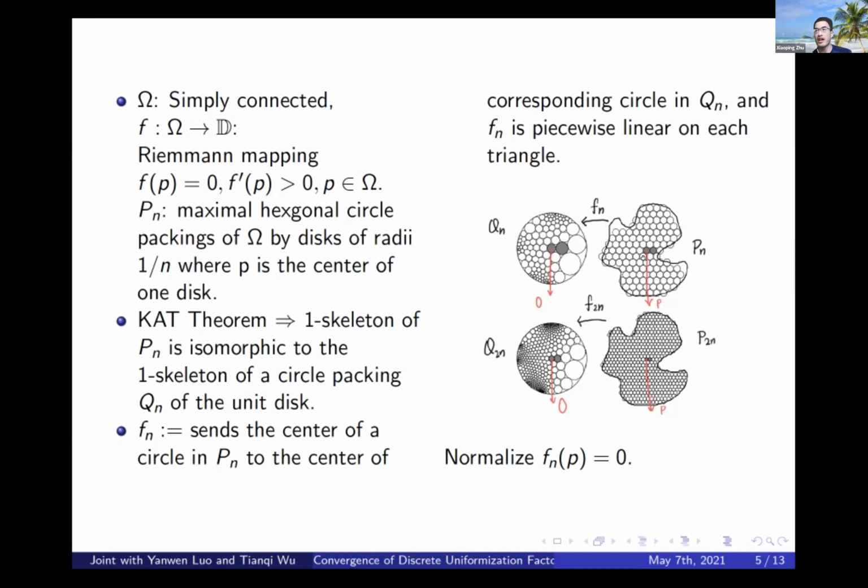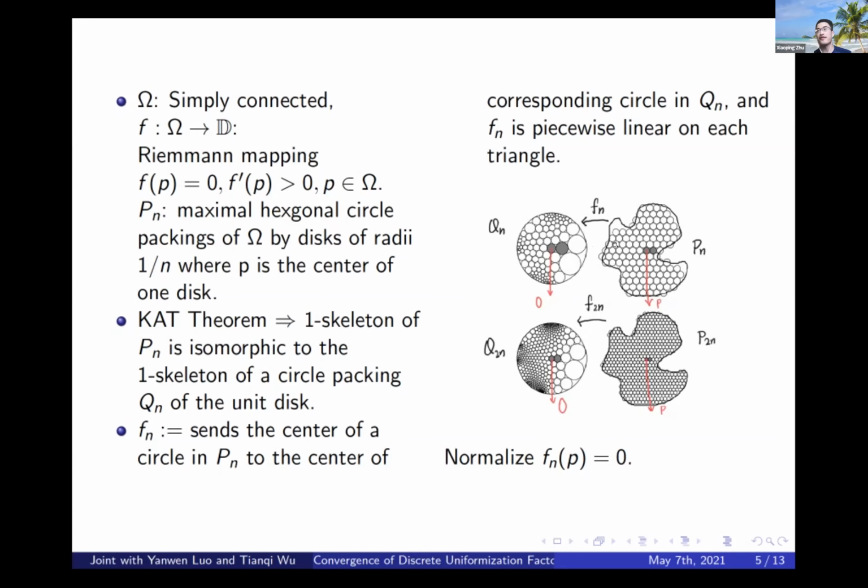Pn, on the right-hand side, is the maximum hexagonal circle packing of omega, where the radii of the disks are 1 over n, and we also require P to be the center of one disk. The KT theorem for the unit disk tells us there exists a circle packing of the unit disk, Qn, that is isomorphic to Pn.